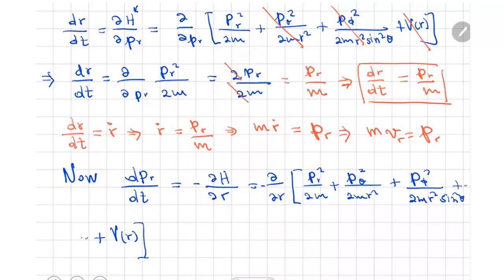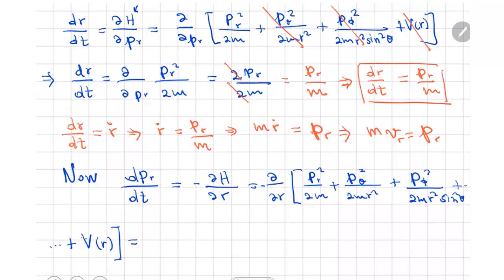Okay, let me make more space here. That is equal to the partial derivative of the Hamiltonian with respect to the coordinate, in this case r.